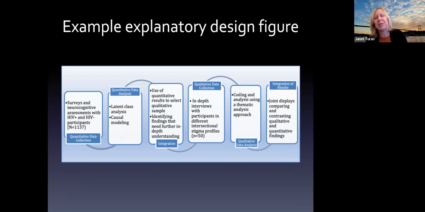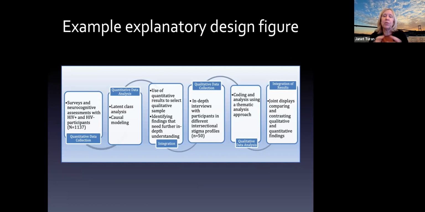I was just going to show this diagram that we've been using in some of our grant applications to show mixed methods design. This is, again, an explanatory design framework where the study started out with surveys and neurocognitive assessments. Then we analyzed those data using latent class analysis and causal modeling.